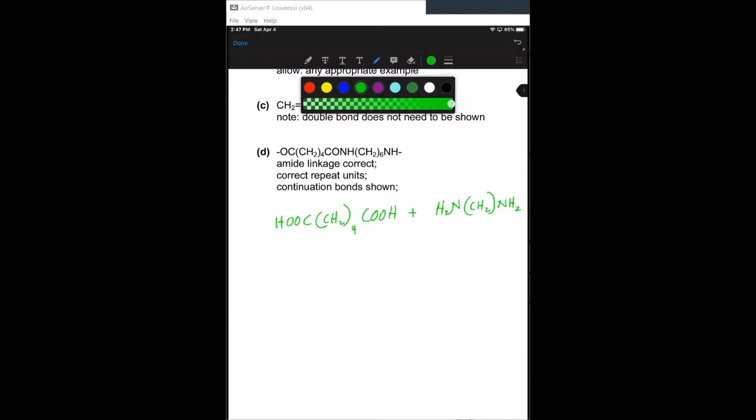All right, so we have HOOC (CH2)4 COOH, a dicarboxylic acid, and then you have H2N (CH2)6 NH2. As I mentioned before, always OH is removed from the acid, then H is removed from the other.